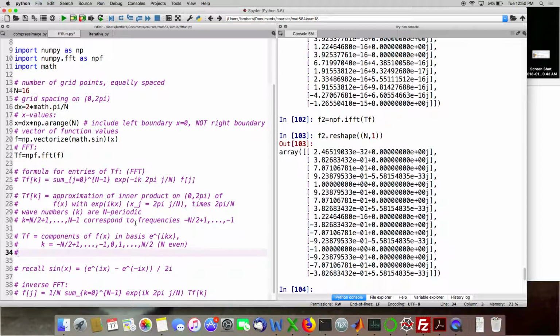But the storage corresponds to k equals 0, 1, so the non-negative ones first, then looping back around. Both MATLAB and Python FFTs work in the same way, so I'm relieved that they follow the same storage convention.